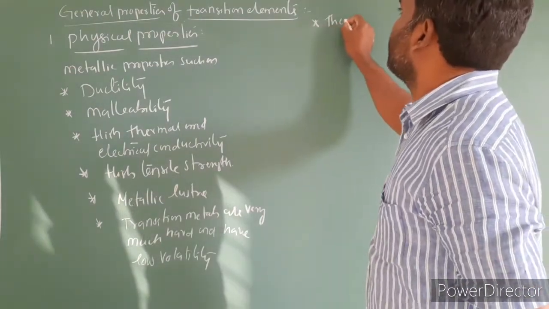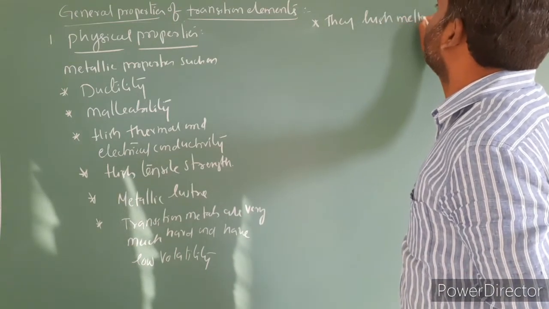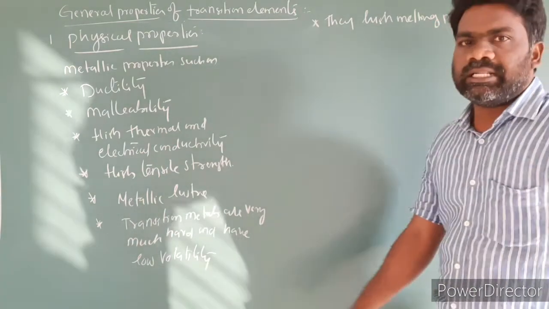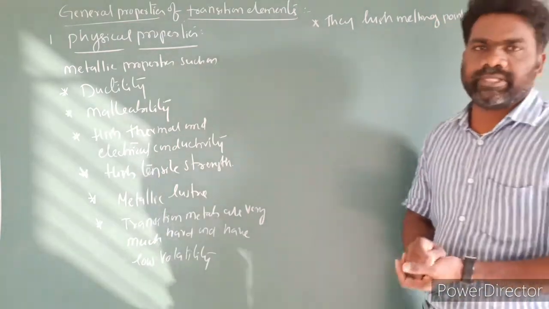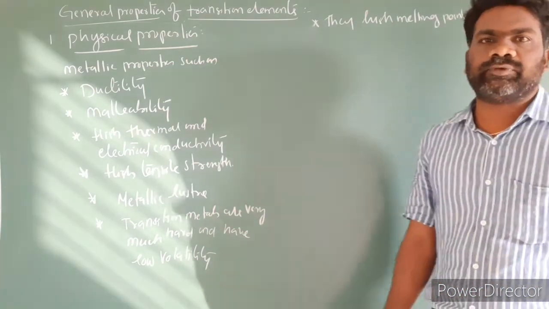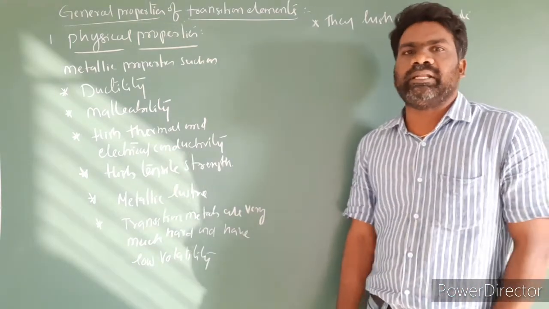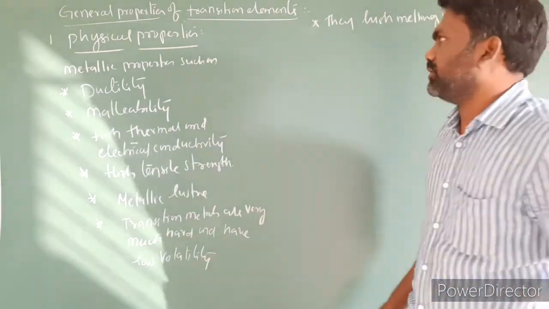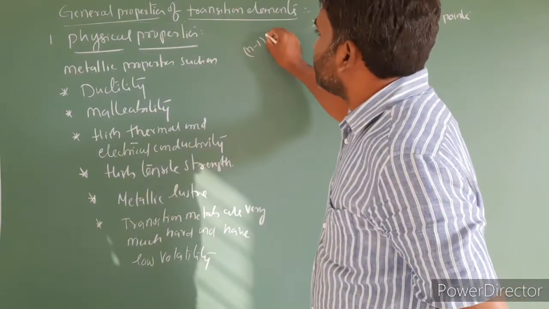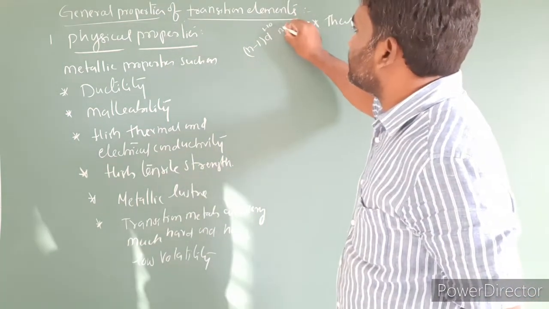The high melting points of the transition elements are mainly because of the involvement of a greater number of electrons from n-1d, in addition to the ns electrons, in interatomic metallic bond formation. What I mean is that I am taking the n-1d electrons, 1 to 10, and the ns electrons, 1 to 2.